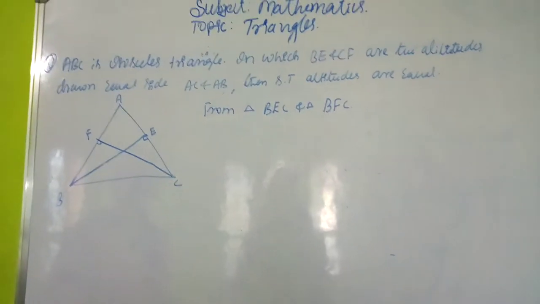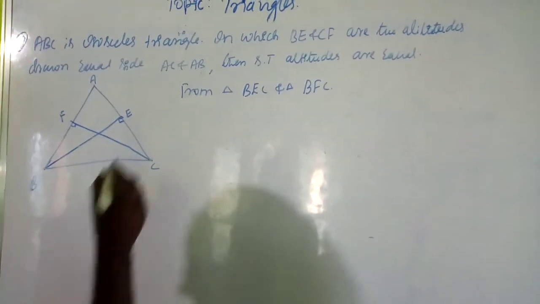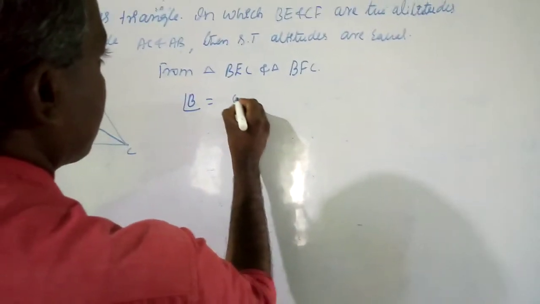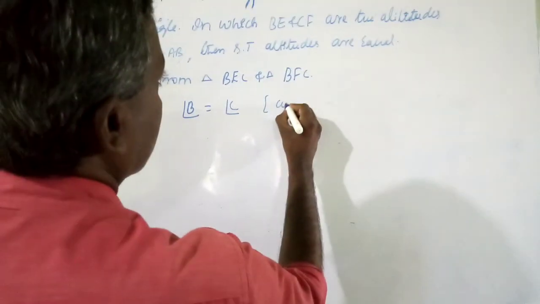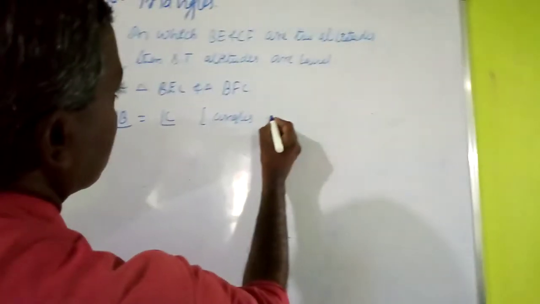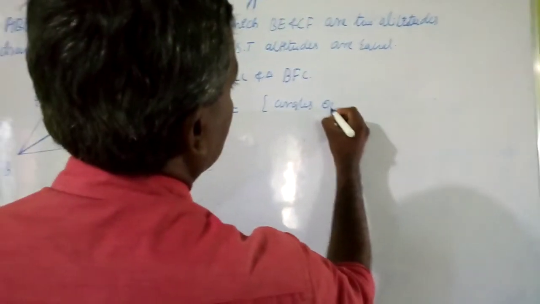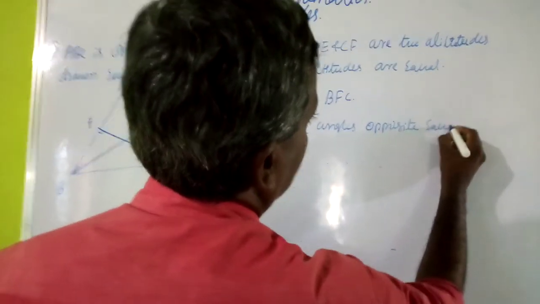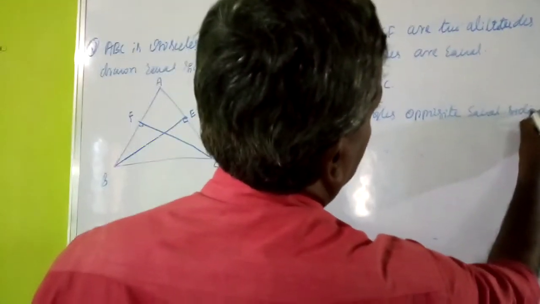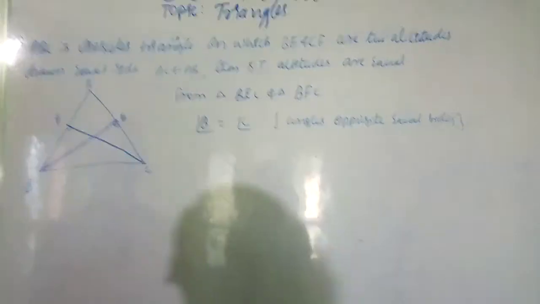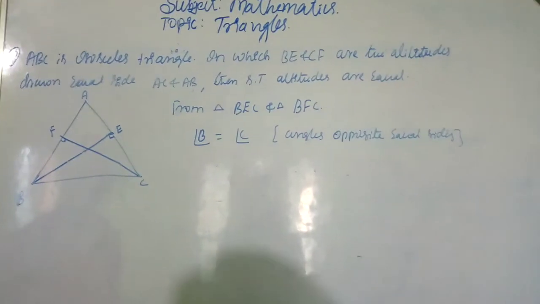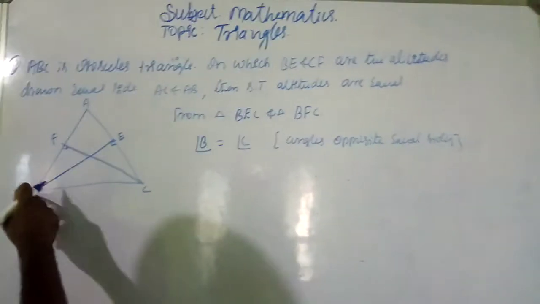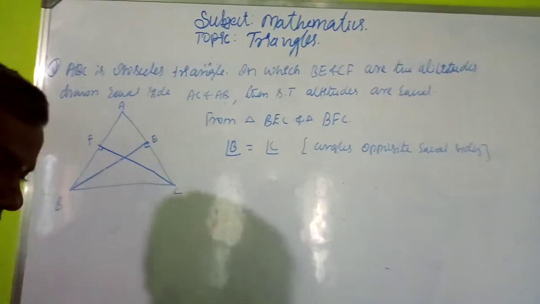Let us take these two triangles in comparison. So what it is indicating, you can take angle B is equal to angle C, correct? Angles opposite to equal sides, right? From that itself, it should be indicating that in the isosceles triangle, AC and AB are the two equal sides. So the angles opposite to the corresponding sides are equal, right?